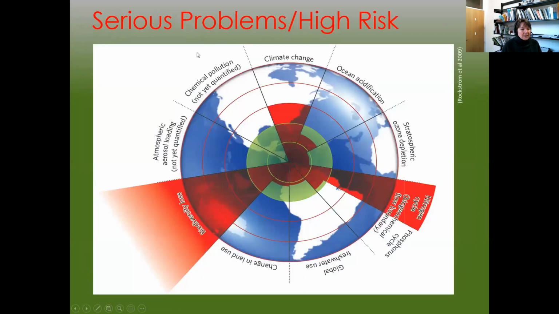So basically, it comes down to us at the moment having very serious high-risk problems in the world. Most of these are caused by landscape change from people all over the world manipulating and changing their environment.